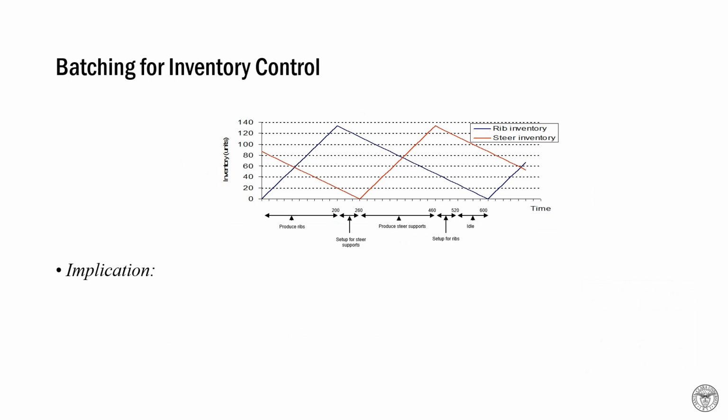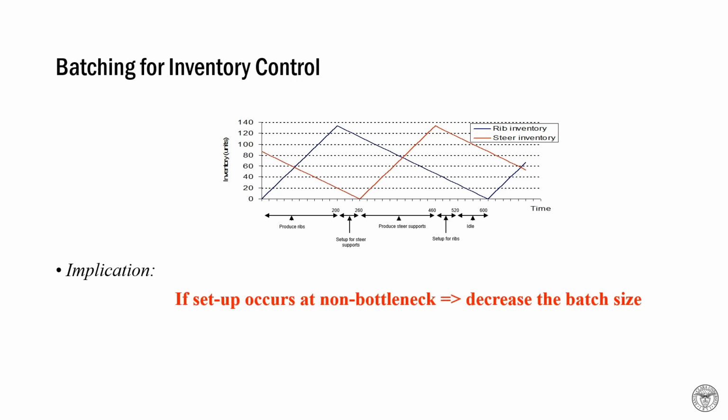Let's now consider the implications of our discussion so far, particularly with regard to inventory control through batching. From our exploration of different scenarios, we can derive an essential rule of thumb. If the setup occurs at a non-bottleneck stage, we should decrease the batch size.